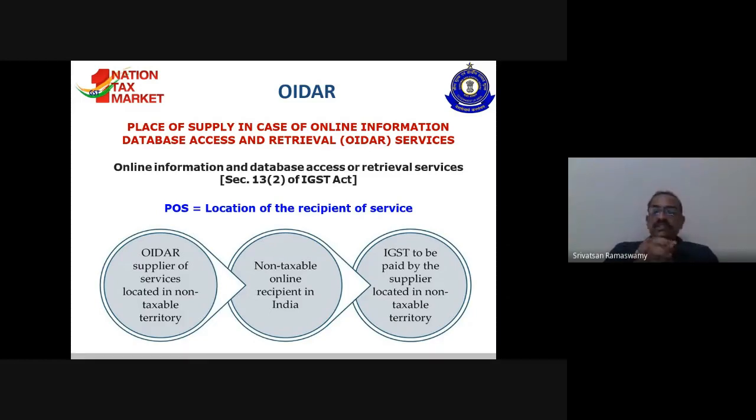In such situations, generally it is the location of the recipient of service. If the location of the recipient is not known, it is the location of the supplier of service. If the supplier of service is not in India, then he has to appoint a person in India to represent him and then discharge the tax liability.